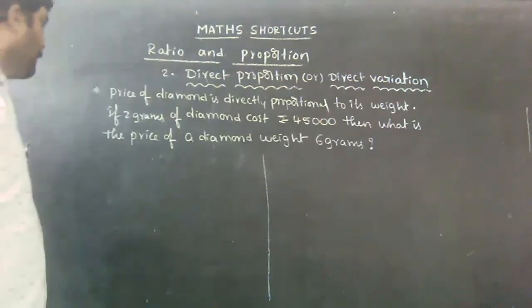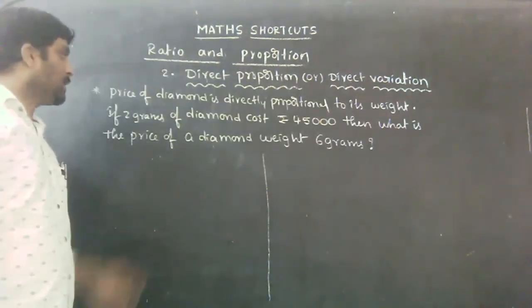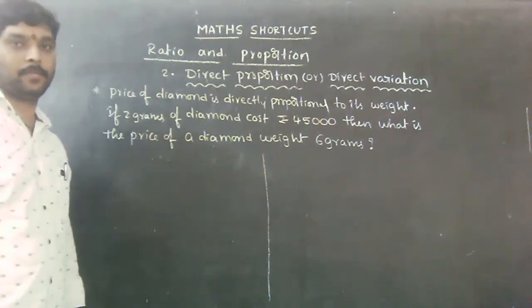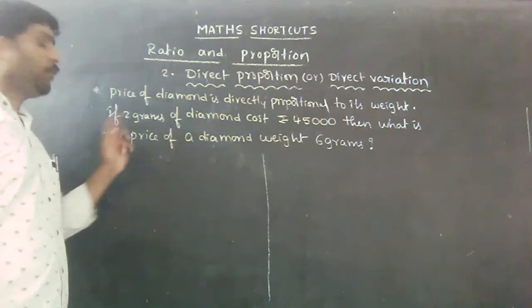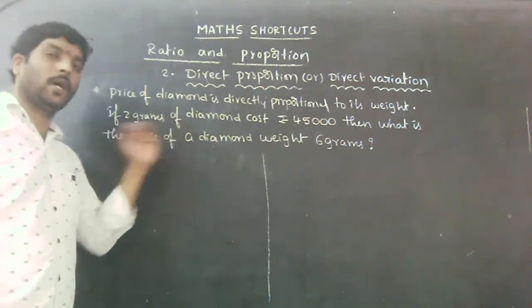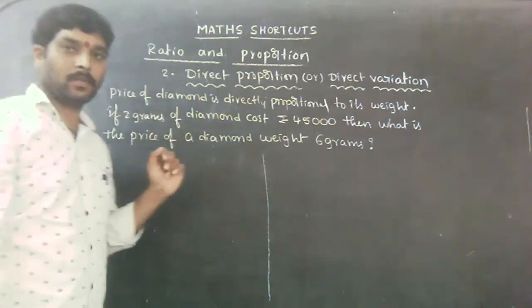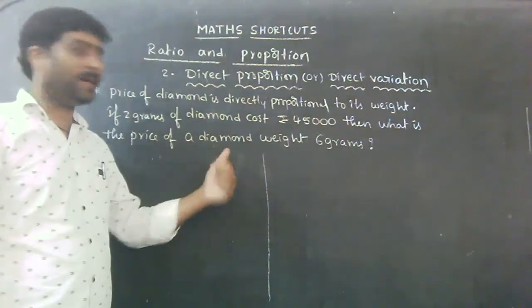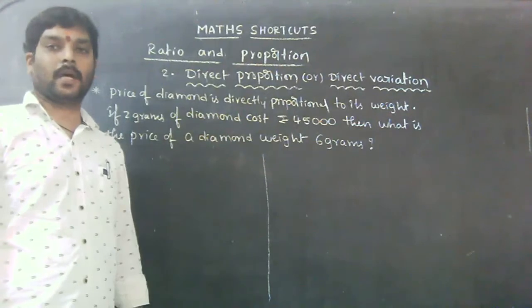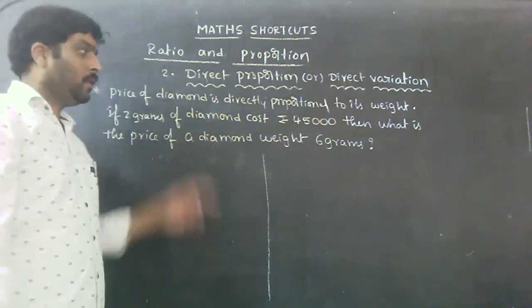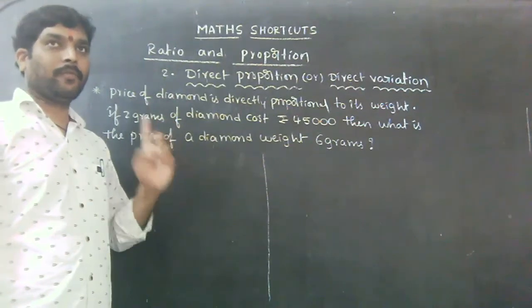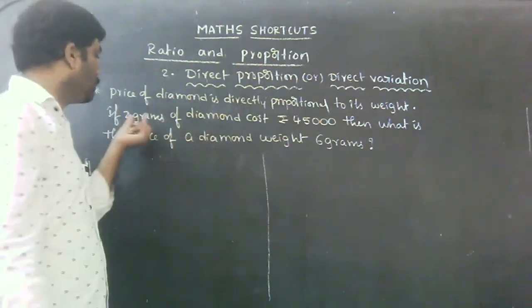One more example. Price of a diamond is directly proportional to its weight. If 2 grams of diamond costs 45,000 rupees, then what is the price of a diamond of weight 6 grams? Here two cases are there. Weight of diamond in the first case is 2 grams.